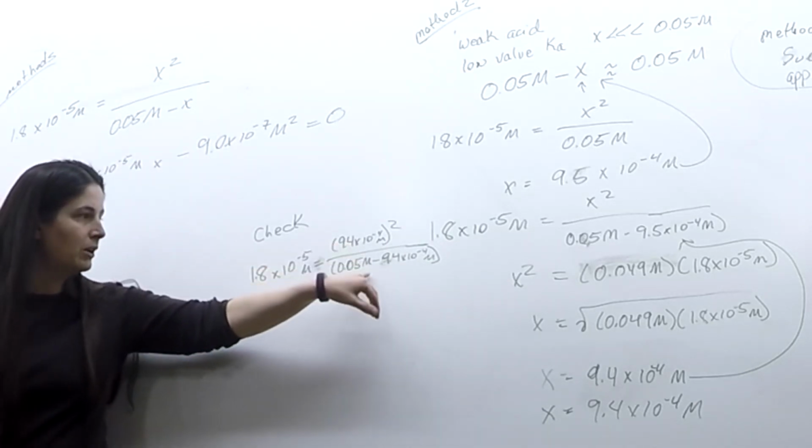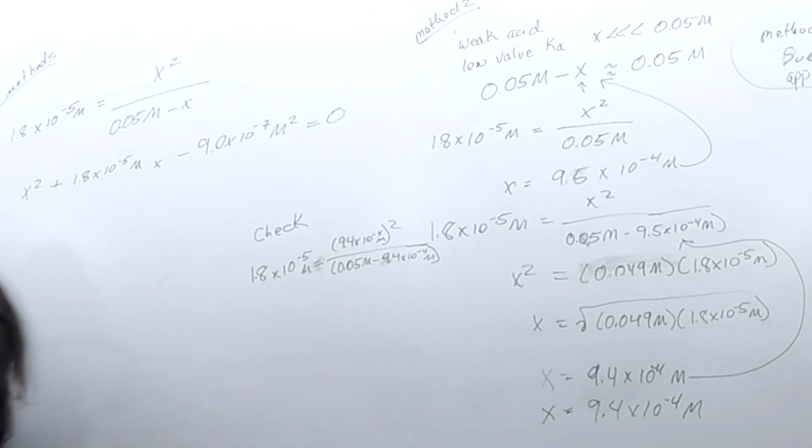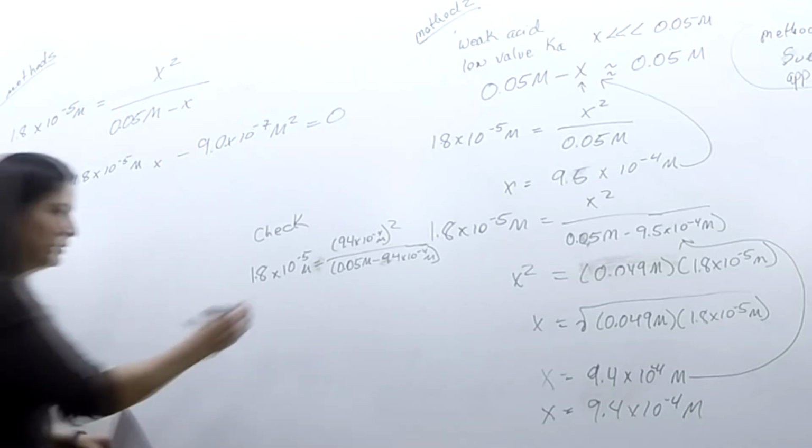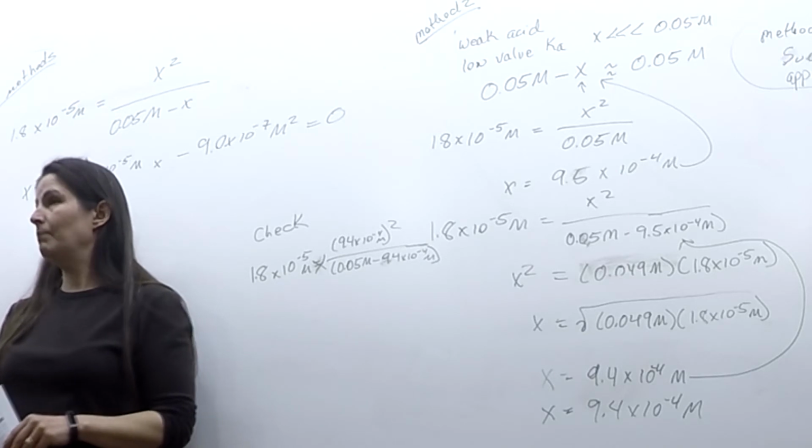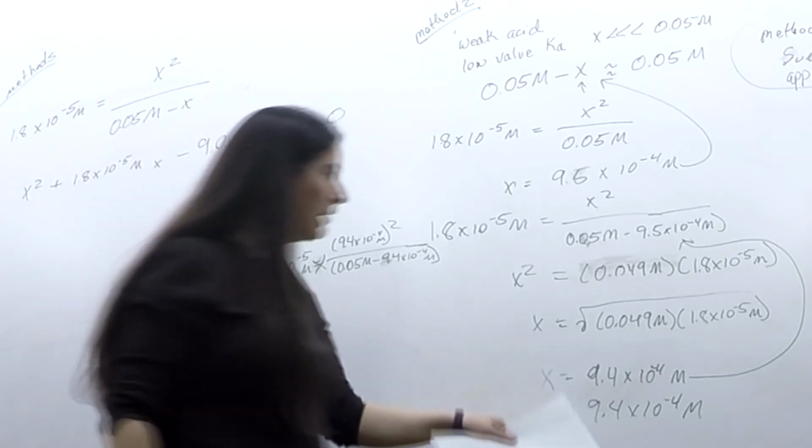Plug this in, plug that in, see if it equals that. It does. Okay, so you can always go back and check it. If this statement is not true, then you know you did something wrong. Okay, so you can check it, do your math over and over again.